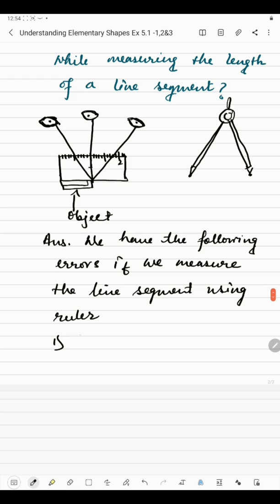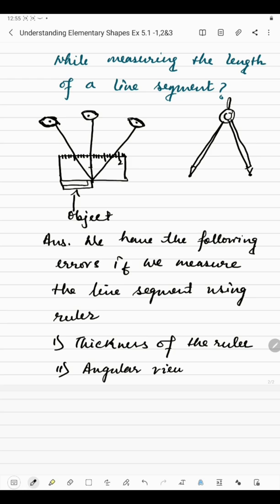First thing is thickness of the ruler, and angular viewing. Okay. Now coming to the next question.